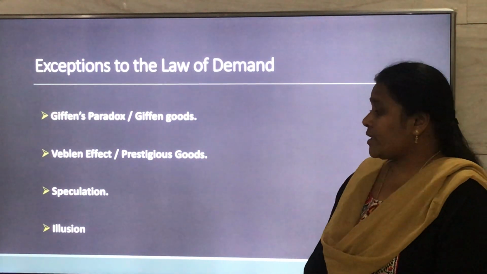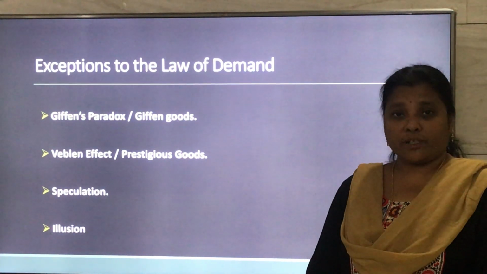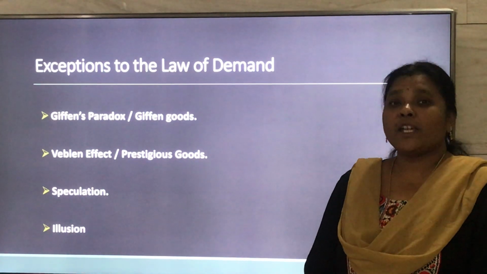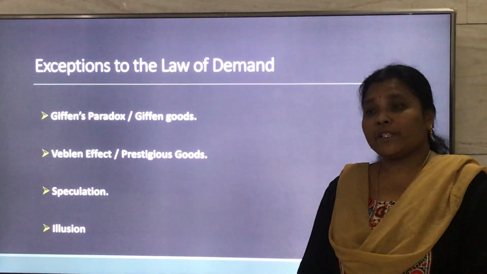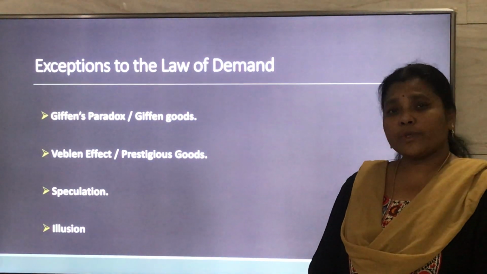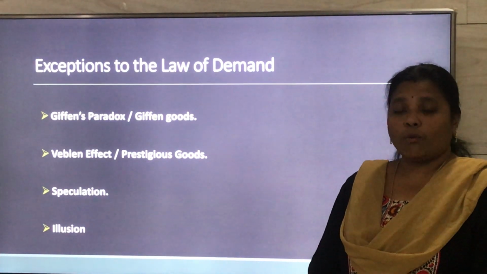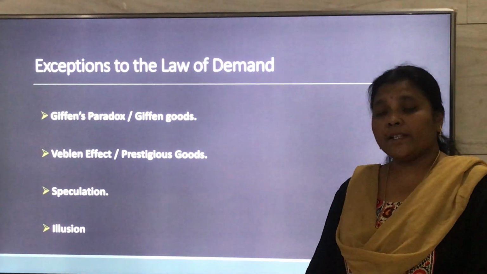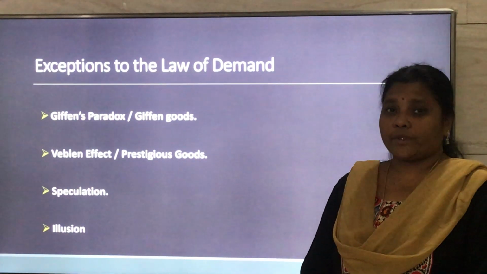The next exception which is applicable to the law of demand is illusion. Illusion is nothing but imagination or thinking. In most cases, if the price of any normal good or superior good reduces to some extent, people will start thinking that when the price of the commodity reduced, its quality might have reduced.